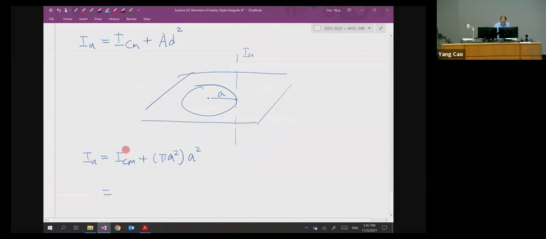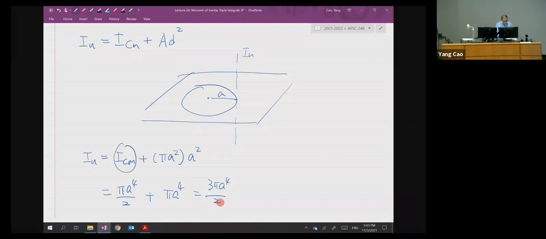The I_CM quantity is the one calculated about the origin, pi a to the power 4 over 2, and you get pi a to the power 4 here. So together you get 3 pi a to the power 4 over 2. That's the same result as calculated using a double integral in the previous example.